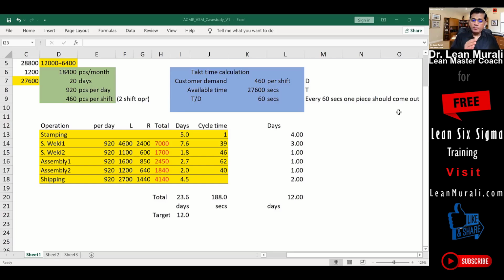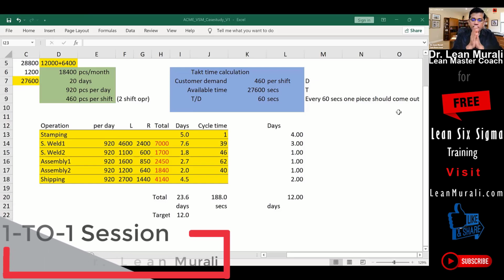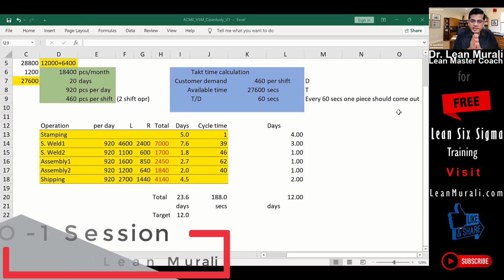Because the bottleneck process decides the output of the entire system, do not waste any time in the bottleneck. Let me repeat it. If there are 10 processes, A, B, C, D, E, F, G, H, I, J, and process E is the bottleneck, its cycle time is the highest and that decides the output of the entire system.